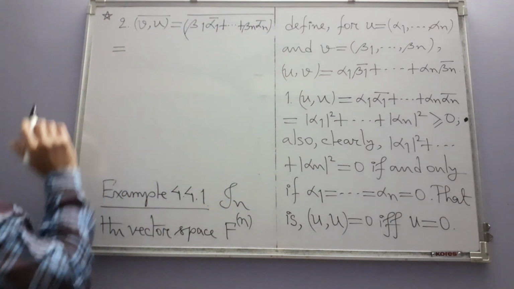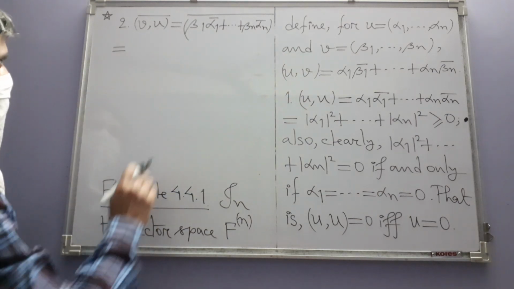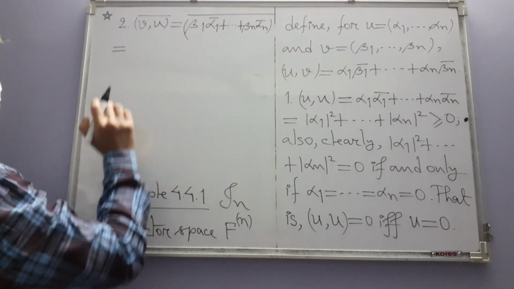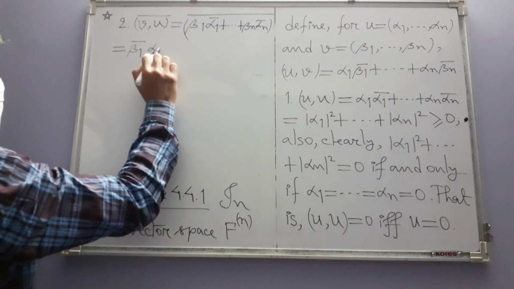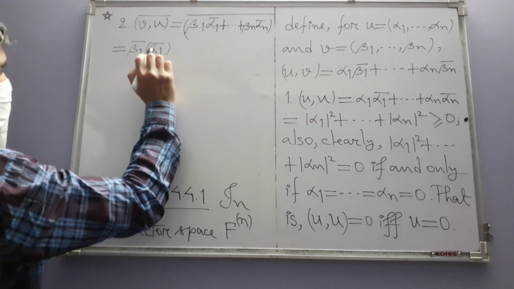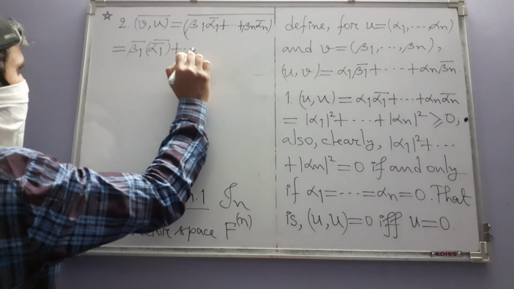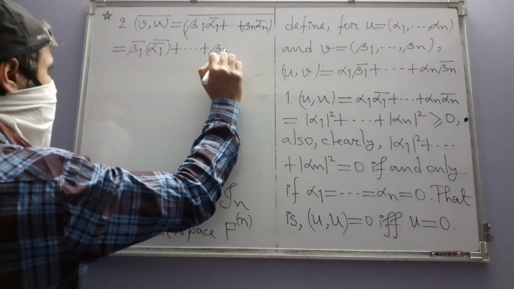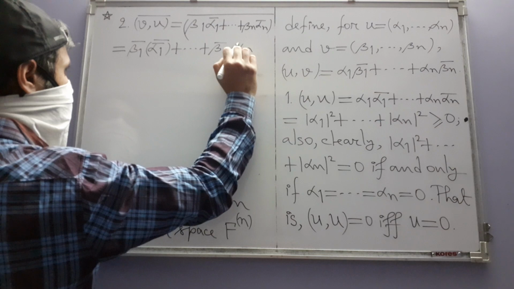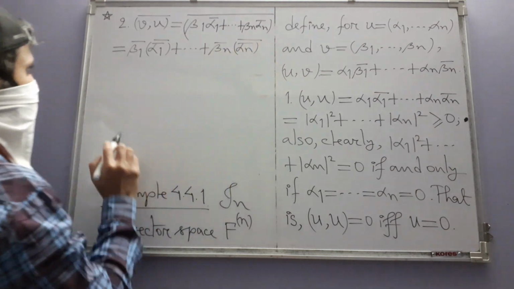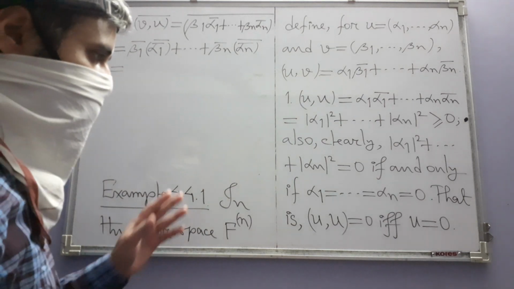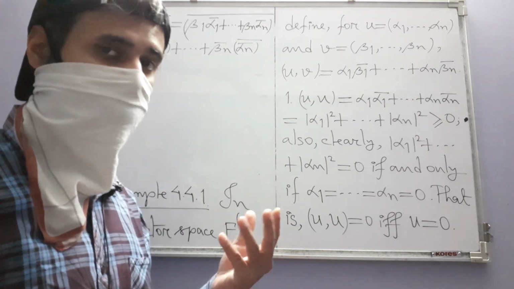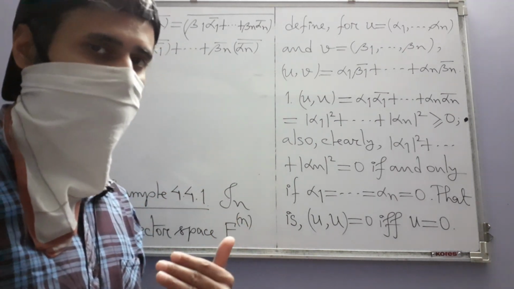So using the fact that bar distributes over addition as well as multiplication of complex numbers, we have this alpha 1 bar, which, if you take the complex conjugate of the complex conjugate of a complex number, you get the original complex number back.